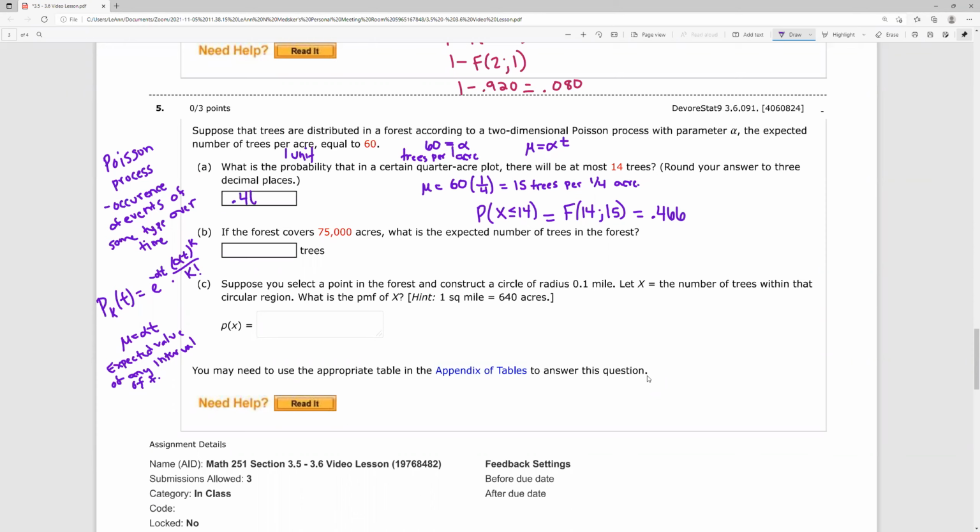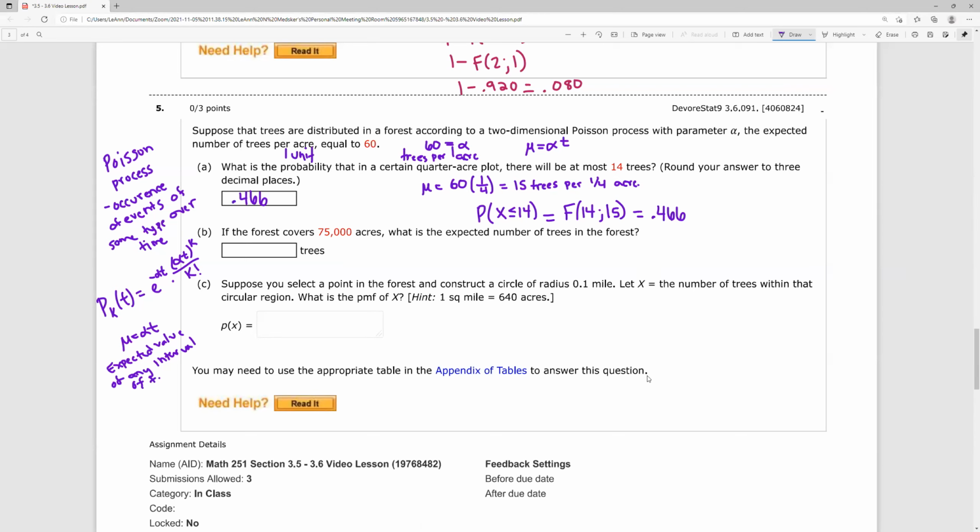So there's my probability using a Poisson process where we took alpha, which was for 1 acreage, and then we converted that to an expected value for a quarter acre. And then we used our cumulative Poisson probability chart.